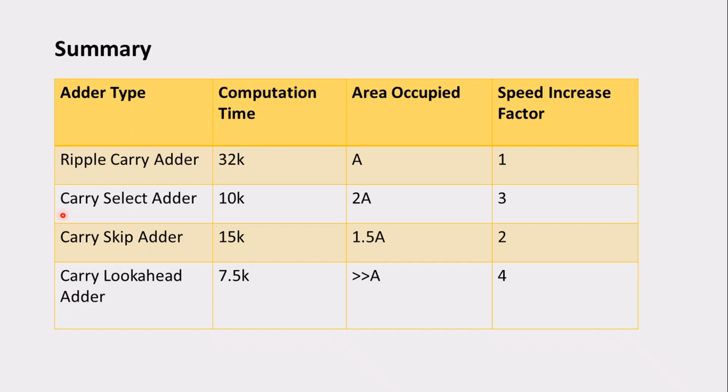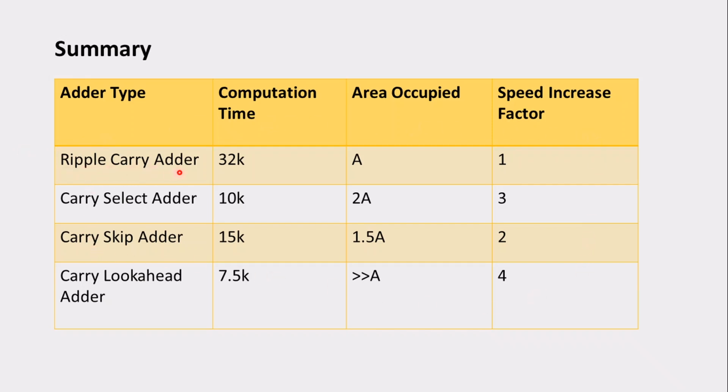For this scenario we have considered that the delay of a full adder and the delay of a multiplexer are the same. By considering that, we have come up with this summary table.